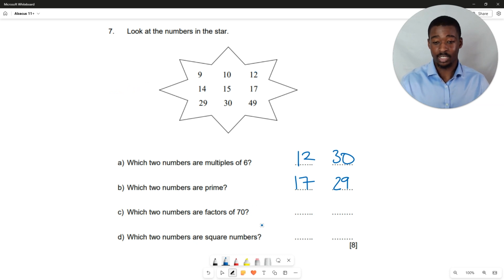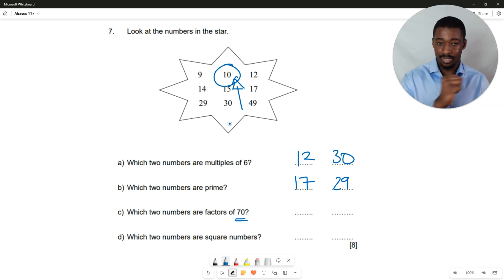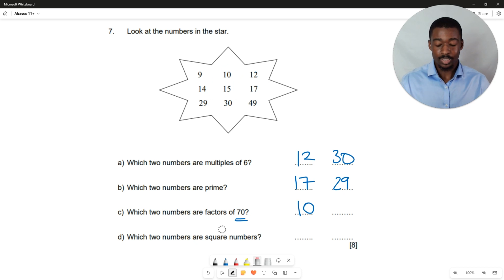So here we're looking for factors of 70. And again, our times tables can help us, because if we use our times tables, we know the first one should be 10, right? Because 10 times 7 is 70. Or rather, 70 divided by 10 gives us 7, remainder 0, no remainders. So our first one should be 10. And what about our second one? Well, let's go through the numbers. It's not going to be 12, right? Because 12 times 5 is 60.